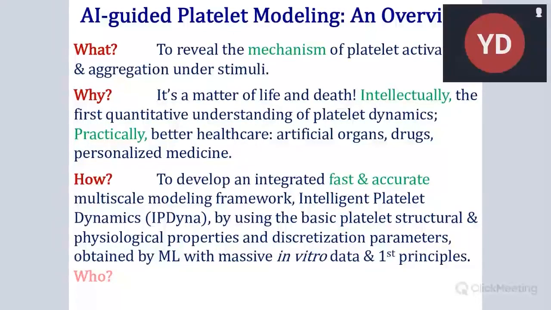In this framework, we implemented a package we called IPDyna, using these basic platelet properties and discretization or modeling parameters, basically using AI or artificial intelligence, machine learning to figure out those basic parameters.